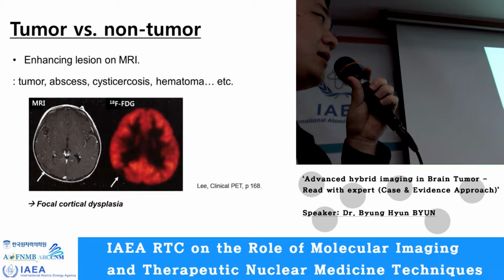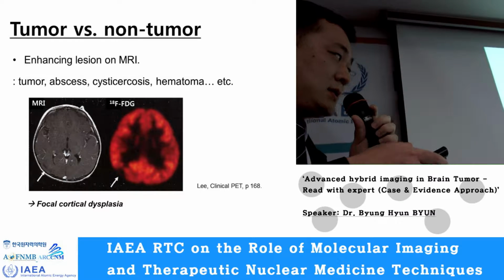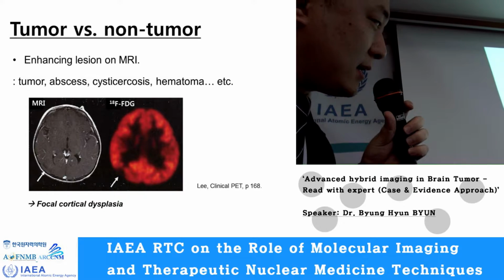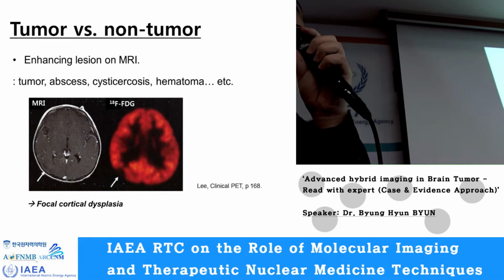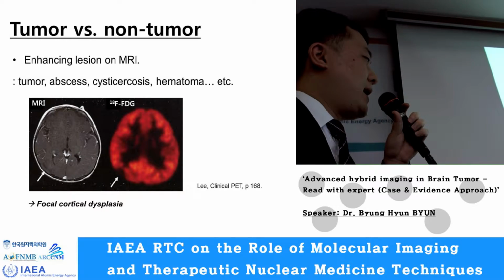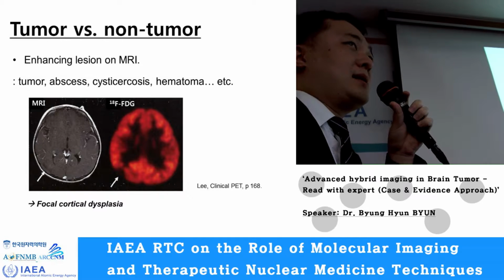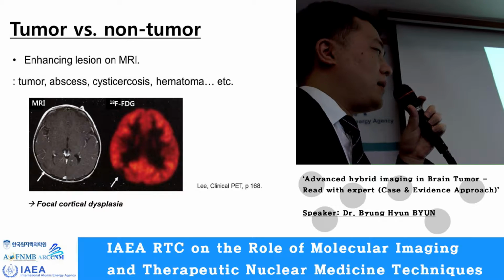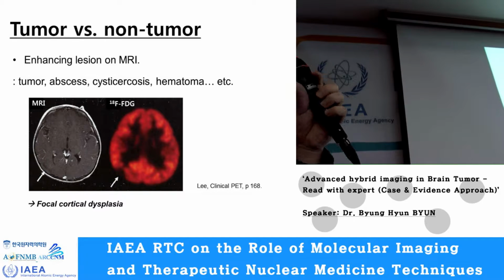This is another example. There was a suspected tumor lesion. I cannot see well, but there was some suspected lesion on MRI, but there was no significant uptake. But there was some focal metabolic defect at the corresponding area.